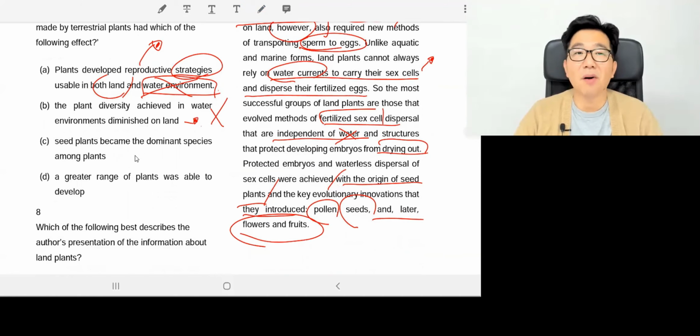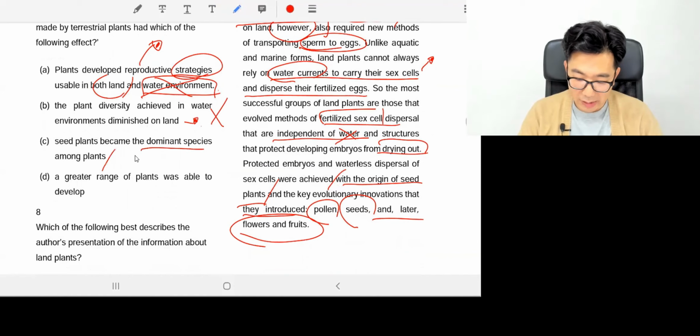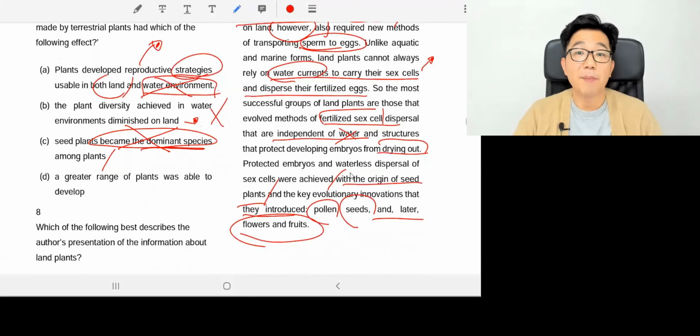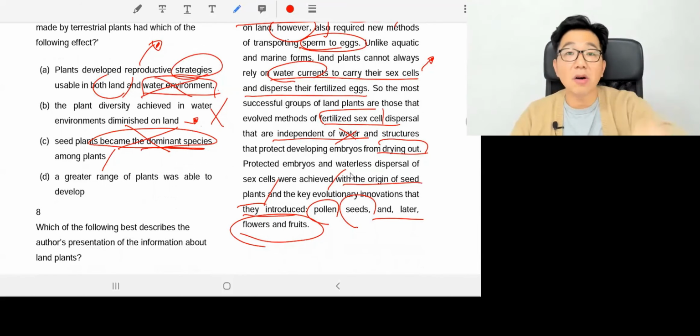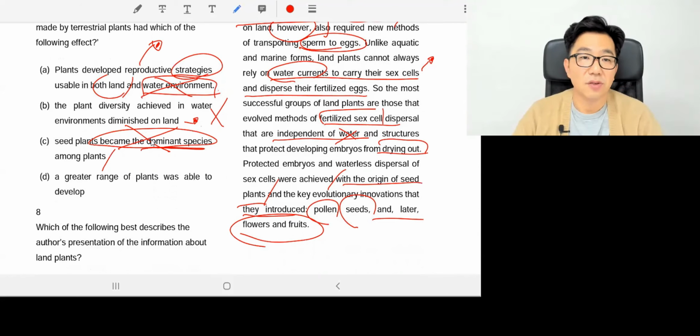So they may have dominated, but it doesn't go as far as this. It's just saying it made it possible, and the origin was the origin of seed plants. That's how it started.